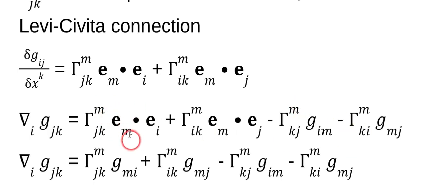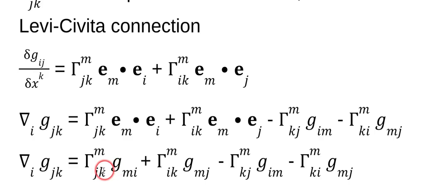So e_m dot e_i is just g_mi, and e_m dot e_j is just g_mj. Now remember, the metric tensor is symmetric about the diagonal, so g_mi is the same as g_im.